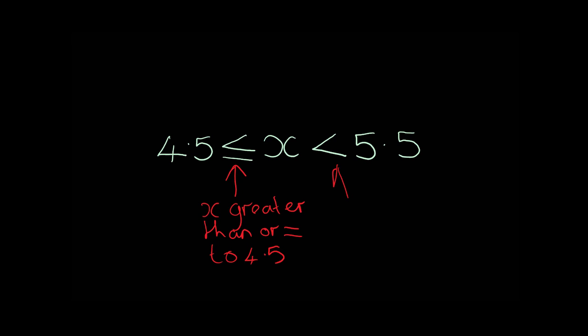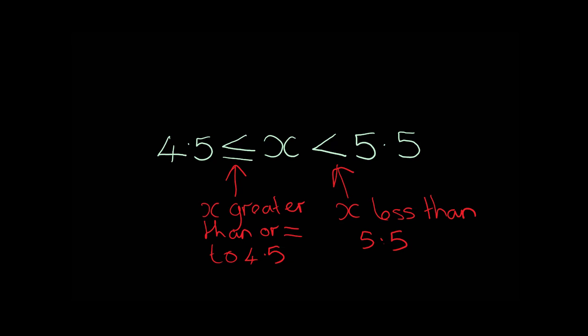This one here means that x is less than 5.5. So if it has that extra line underneath, that means it could be equal to it. If it doesn't have it, it's either less than or greater than, but it can't be equal to that.